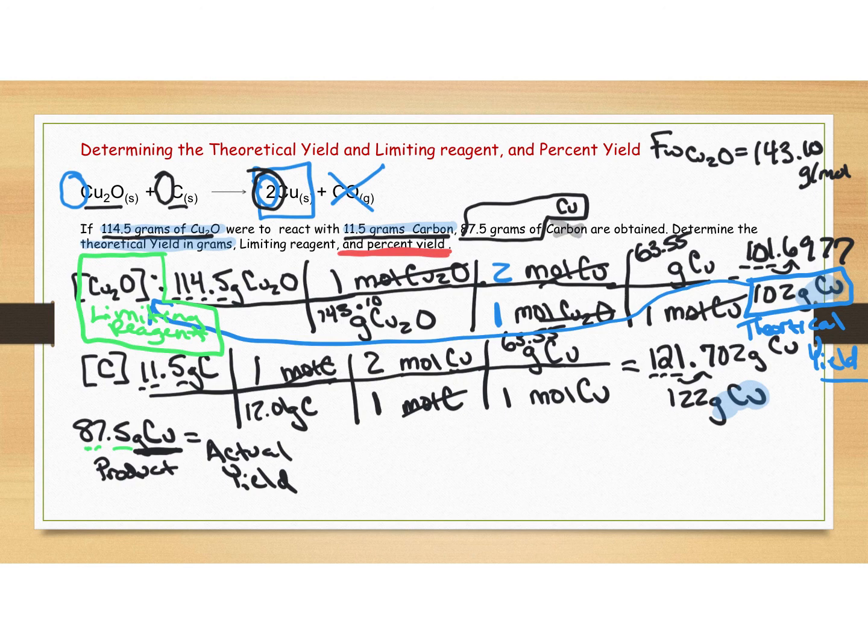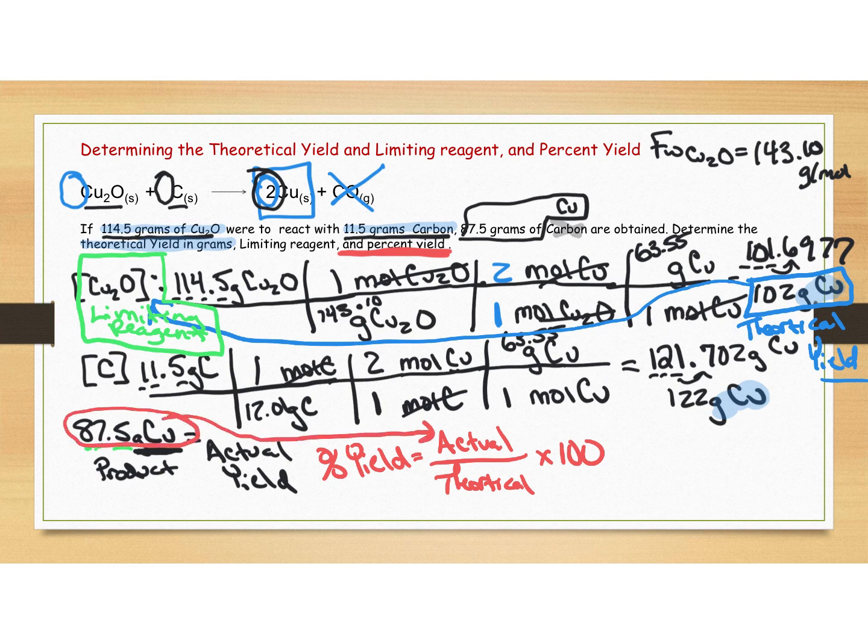My percent yield is my actual yield divided by my theoretical yield, multiplied by 100. Where did I get my actual yield? Well, we said that the third number was my actual yield.